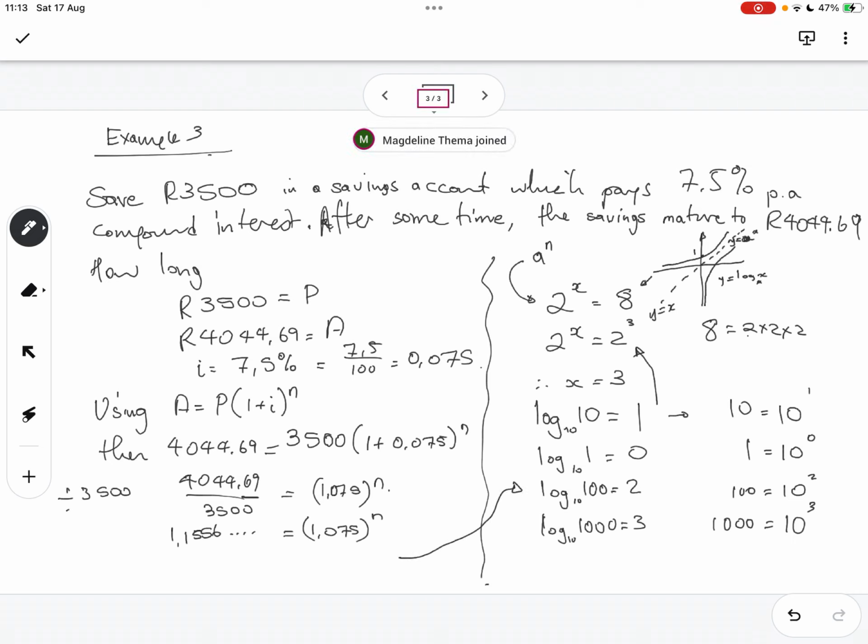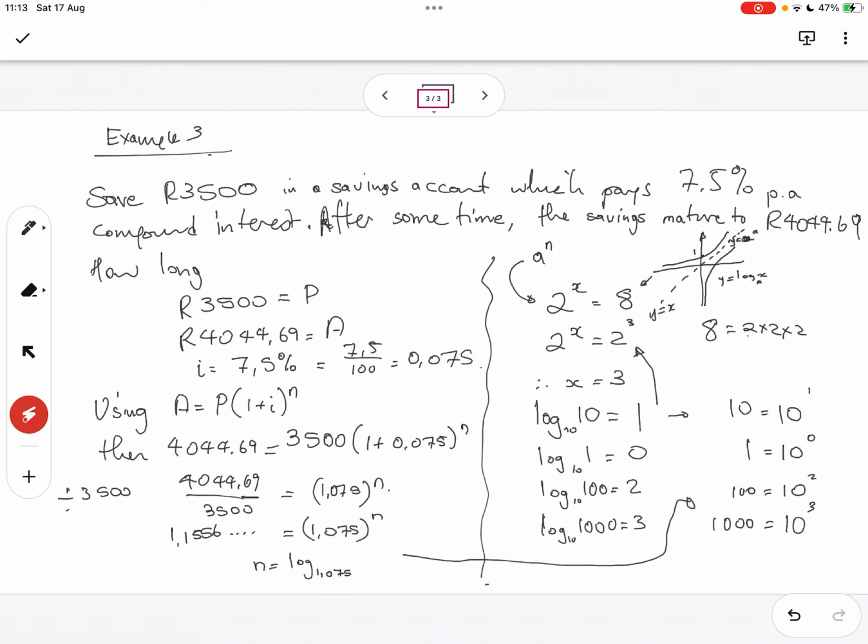So what we're going to do in the next stage is something similar to what we did just over here. And what we're going to do is that n becomes the logarithm to base 1.075.